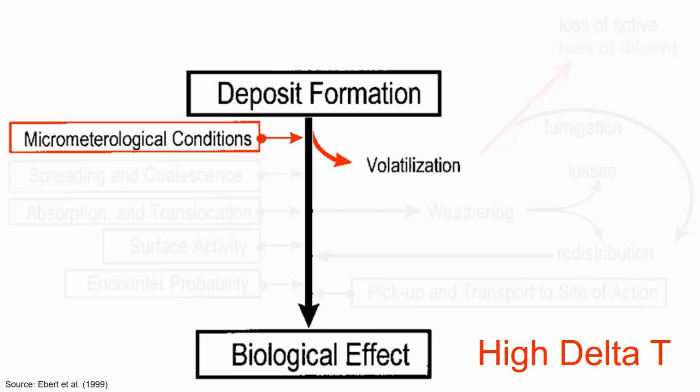And under high delta T, you're more likely to have what this diagram describes as volatilization. But it isn't so much volatilization of the active ingredient, it's actually volatilization of the water that's mixed with the herbicide. So under high delta T conditions, what can happen, you have high evaporation, you can lose that water out of that deposit on the plant.